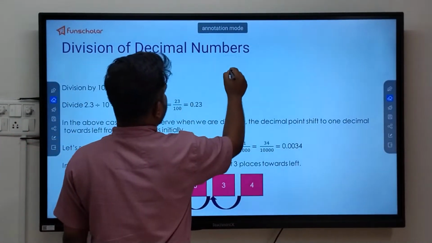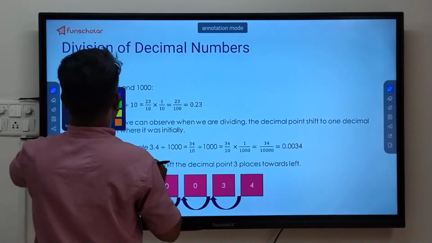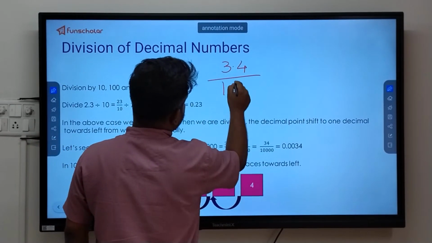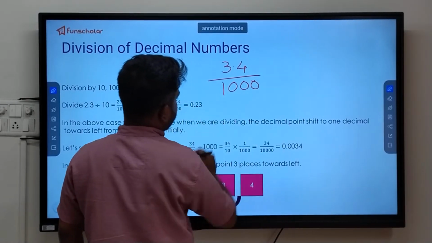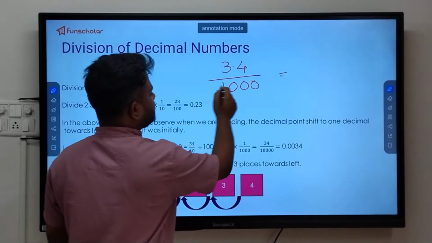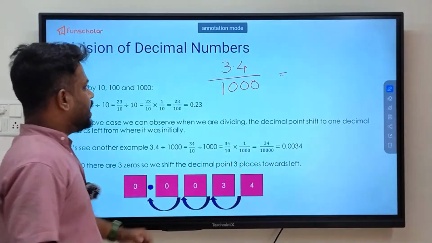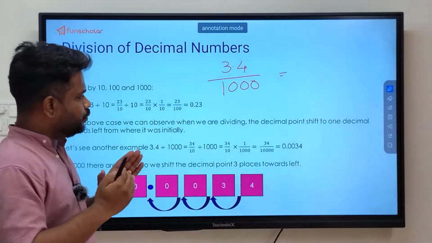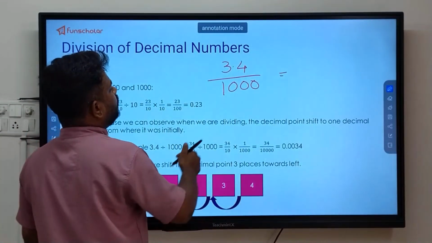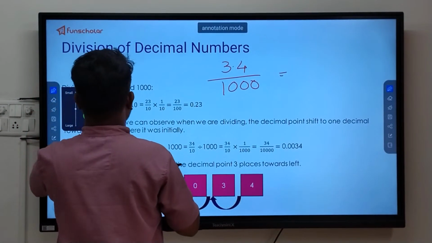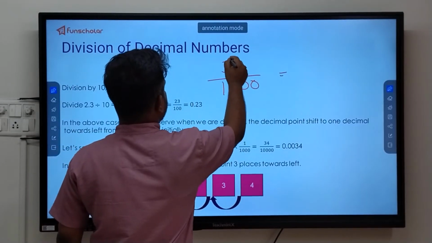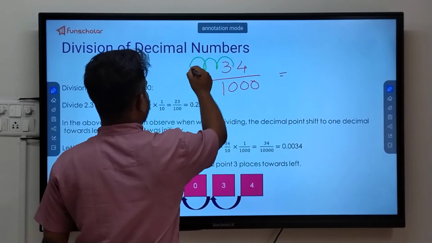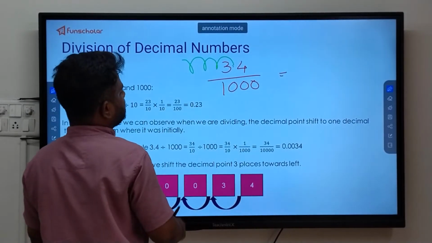Here you can also use this method. It has three zeros, and we have 1 point in between two digits. So what we have to do is just take the point and keep it 3 places earlier.